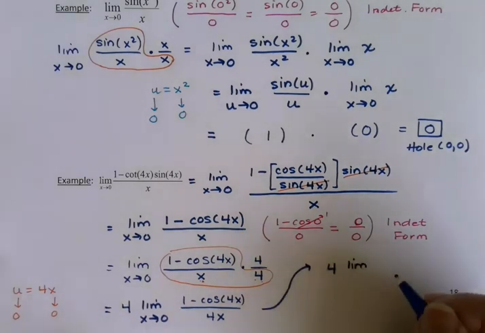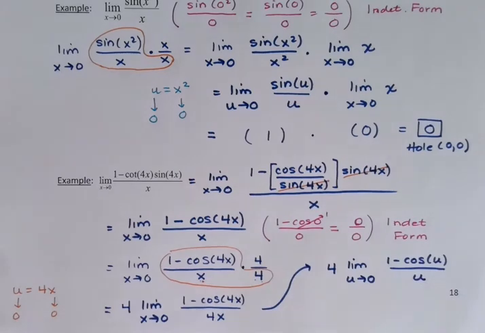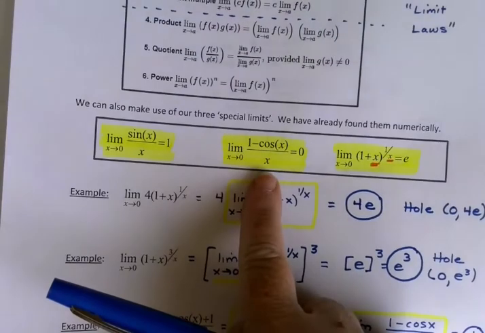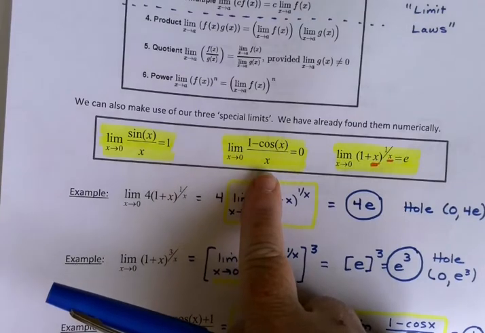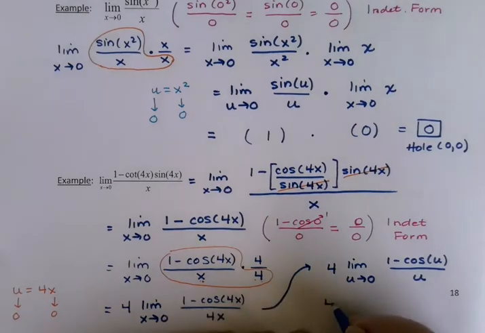And I'll now make this the limit as u approaches 0 of 1 minus the cosine of u over u. Other than the change in variables, that's now a perfect match for the special limit, and so its value is 0. So I have 4 times 0, or 0.